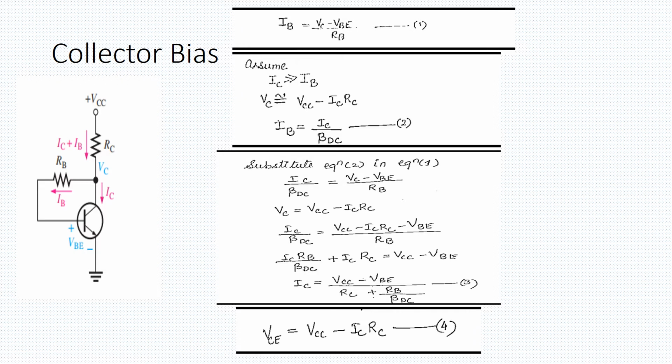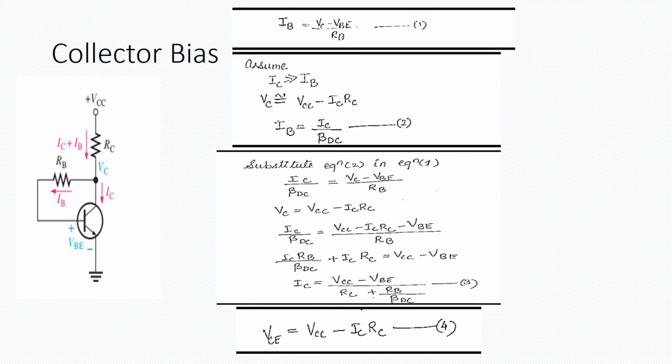Then we assume that the collector current that is measured is quite larger than the base current. So the potential VC is equal to VCC minus ICRC, and we know that IB is equal to IC upon beta DC. Substitute equation 2 in equation 1 and you will be able to find out the collector current, that is IC.